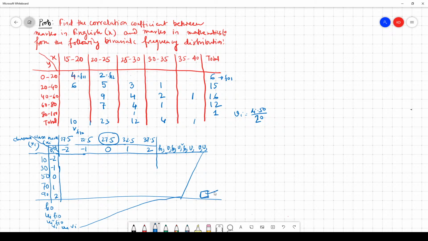The last entry of this column should be the last entry of this column. Okay, I will do it. No problem. So please check my calculation, whether it is correct or not.